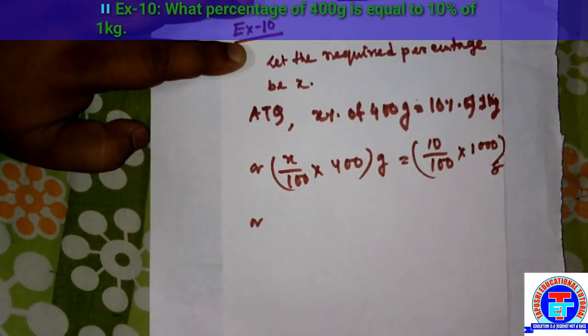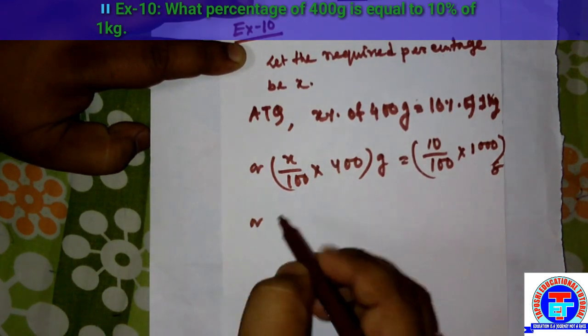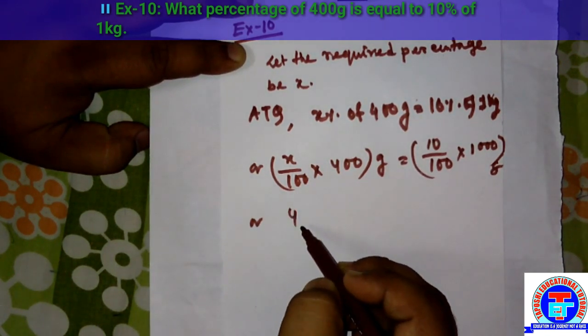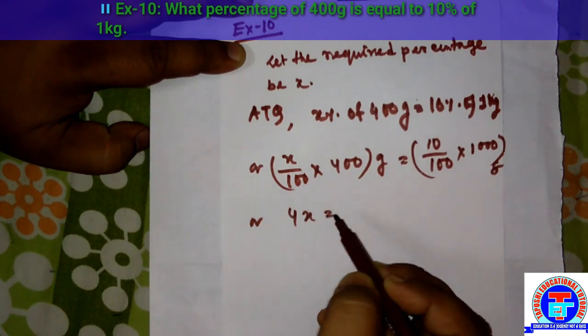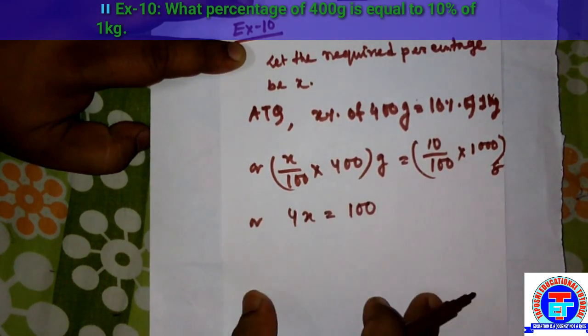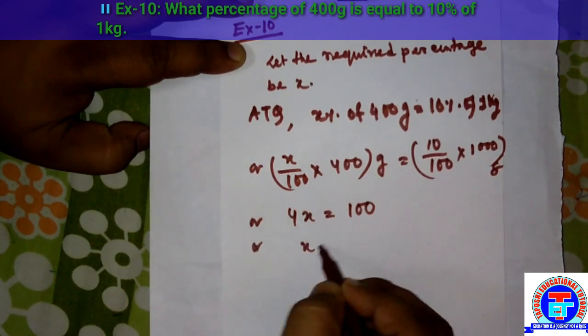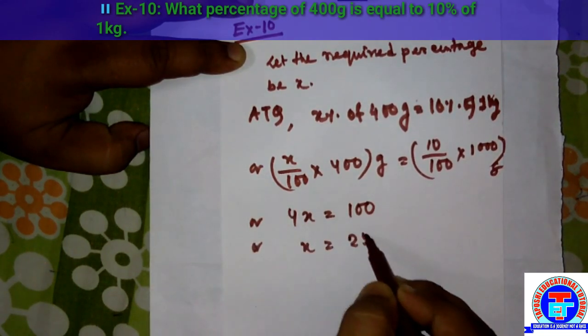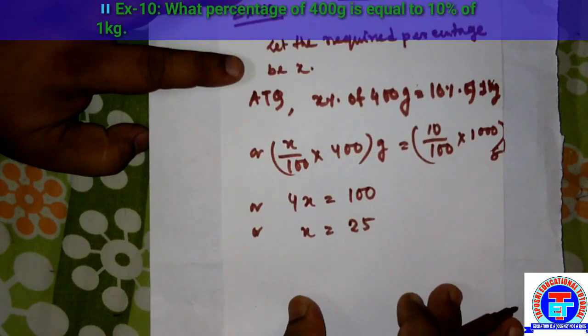Gram cancel both sides, right? So we write here 4x is equal to 100, or x is equal to 25, right student?